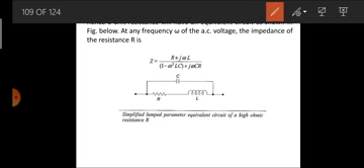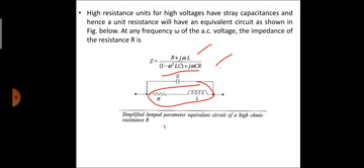At any frequency omega of AC voltage, the impedance of the resistance R is given as Z equals (R plus j omega L) divided by (1 minus omega squared LC plus j omega CR), since R and L are in series and the whole combination is in parallel with C. This is the impedance of the circuit, where L is the residual inductance and C is the residual capacitance.